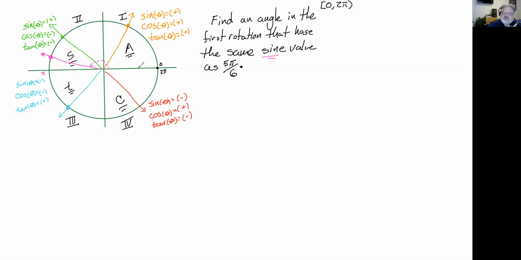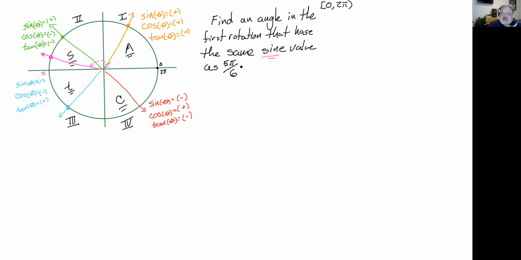Because the angle is in quadrant 2, we know the sine is going to be positive. So what other quadrant has a positive sine? Well, quadrant 1 has a positive sine.